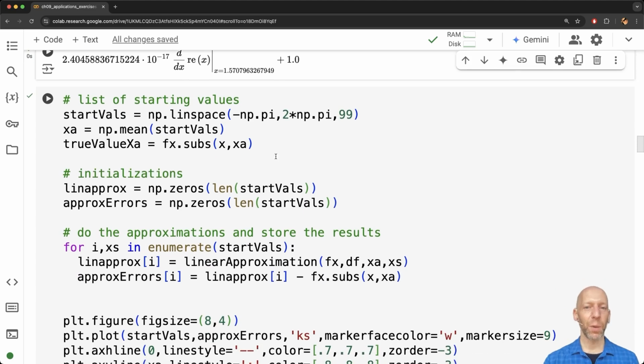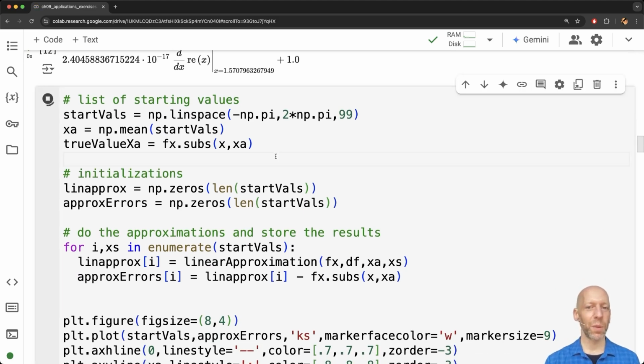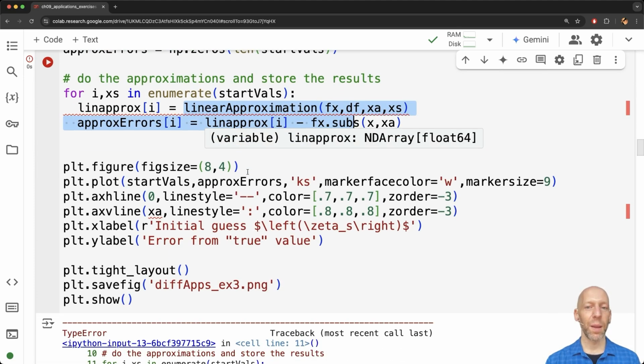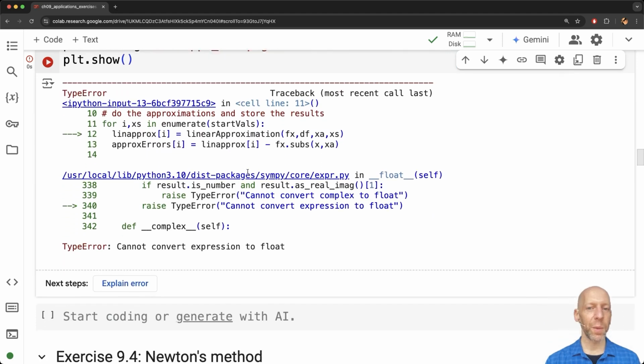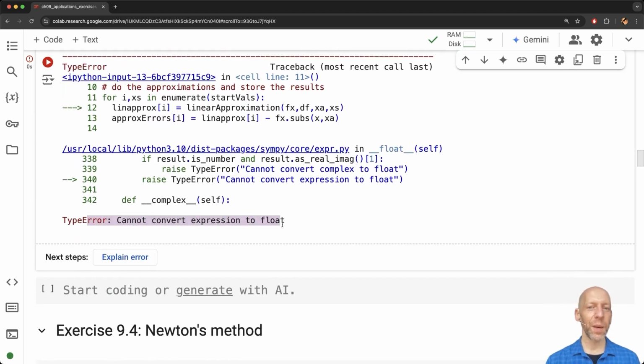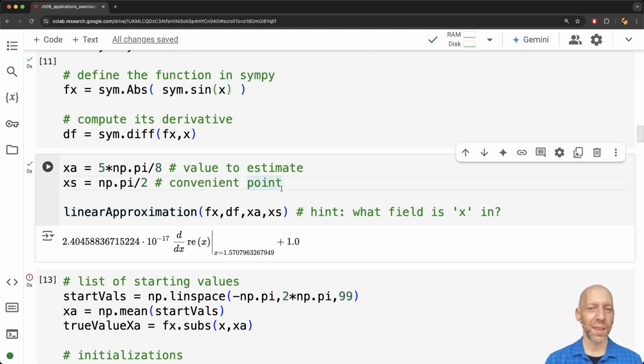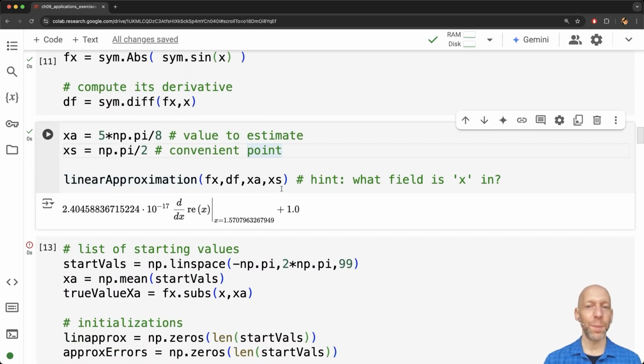But we are going to start running into problems when we try to continue using this code. Scrolling down, we get this type error: cannot convert expression to float. This is a similar issue to what we encountered in the exercises of chapter 8. We also discussed these kinds of error messages.